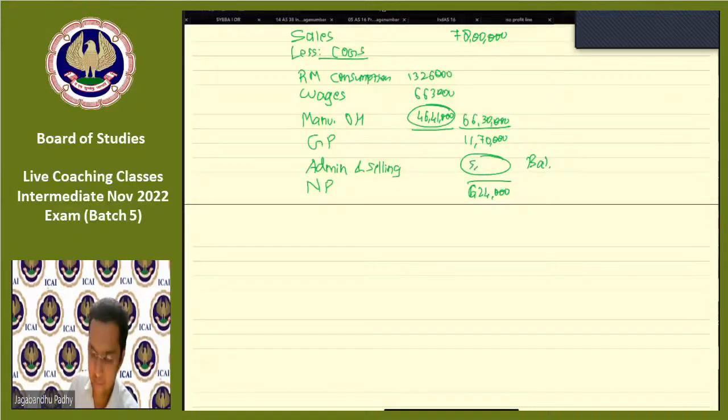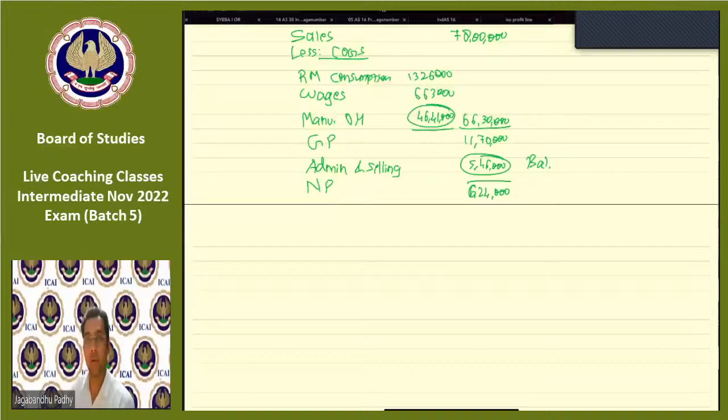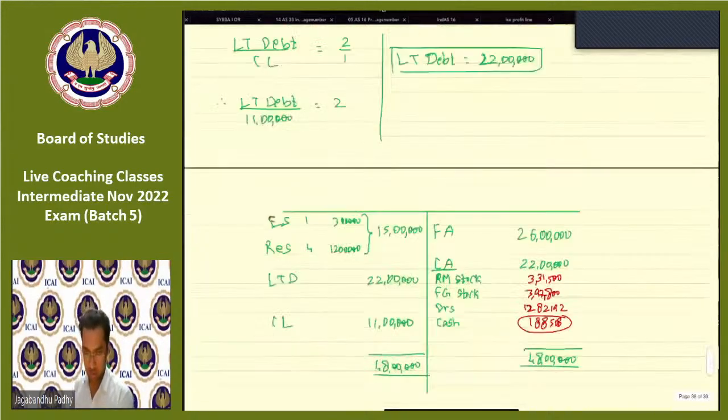It should be like 5,46,000. That's the solution to question number 3.